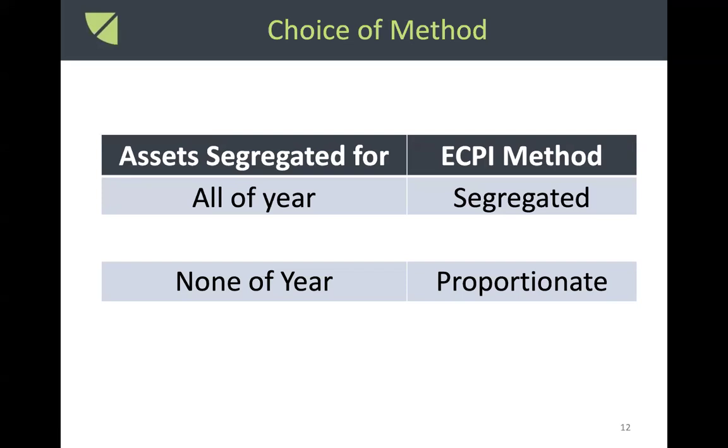In another scenario, if the assets are segregated for none of the year, so either if there are disregarded small fund assets or if there's an accumulation balance in the fund throughout the year, or perhaps a TRIS balance throughout the year, then you must use the proportionate method. You must calculate ECPI based on the average balances throughout the entire year.